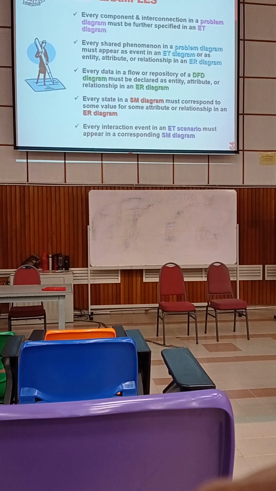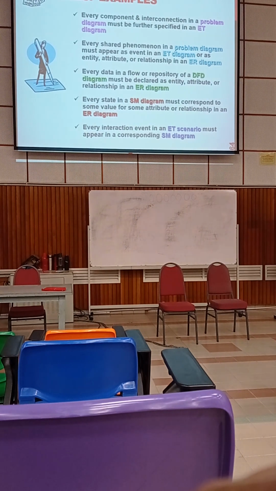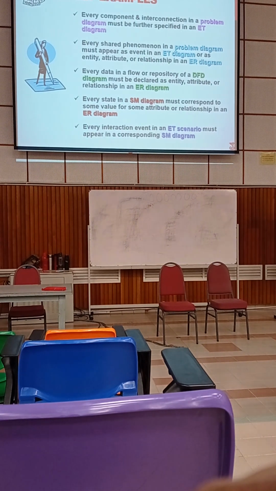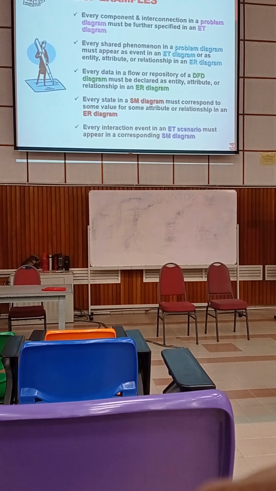Meaning within one same diagram, what kind of consistency can you check? Anyone? When you are drawing, let's say a use case diagram, what kind of consistency can you apply within one diagram?